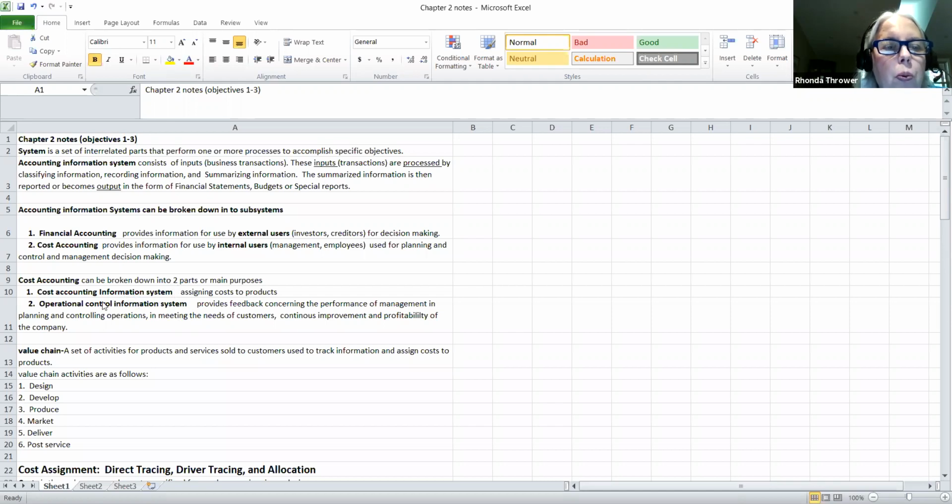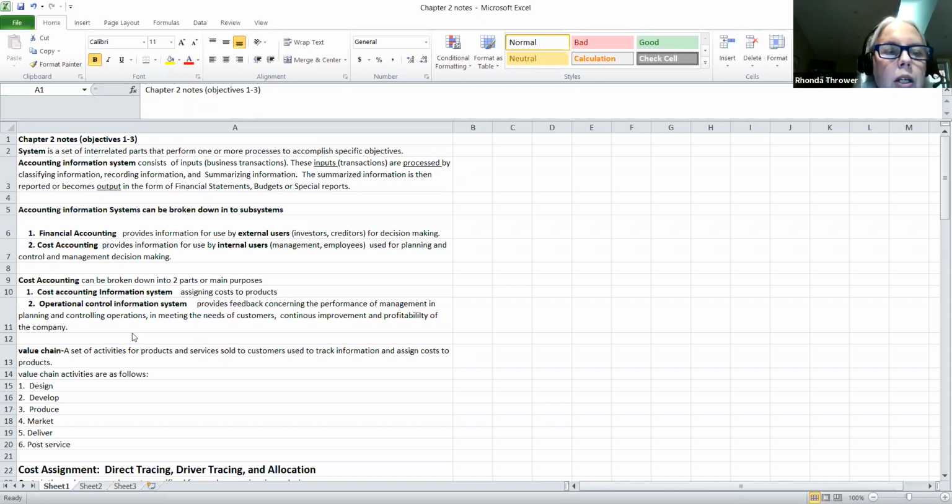The other purpose of cost accounting is for the operational control information system, which is basically that we're going to be interested in how well our management is performing. And so we're going to look for feedback concerning the performance of management.